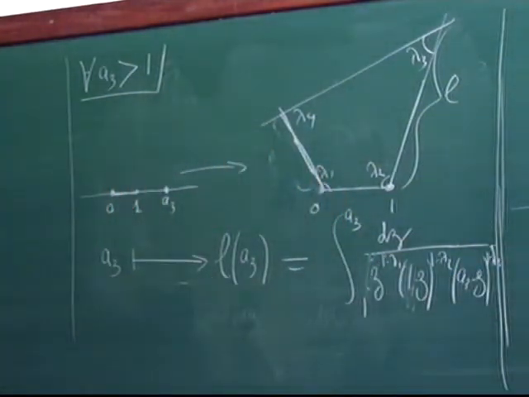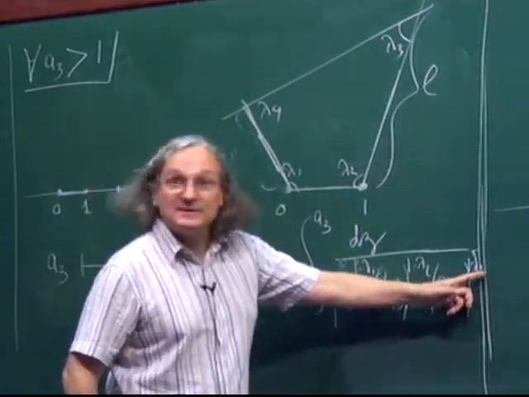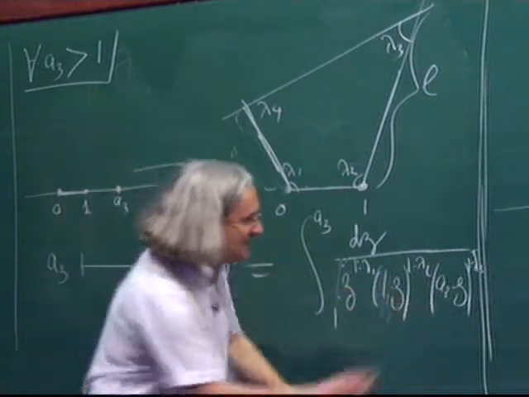So everything is given. Lambda 1 is given, lambda 2 is given, lambda 3 is given, and A3 is the variable.